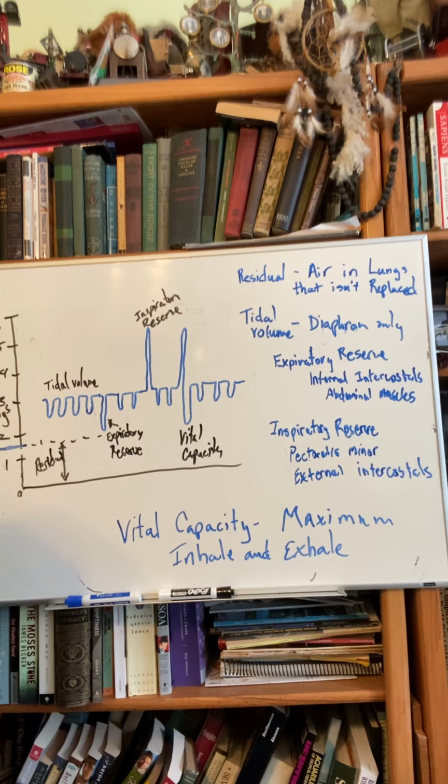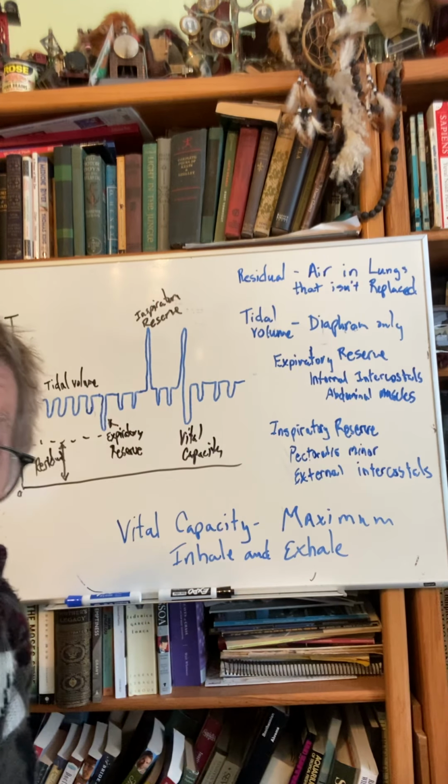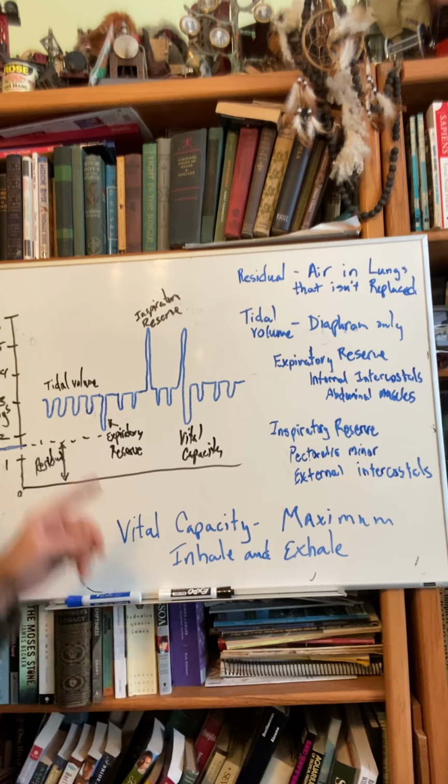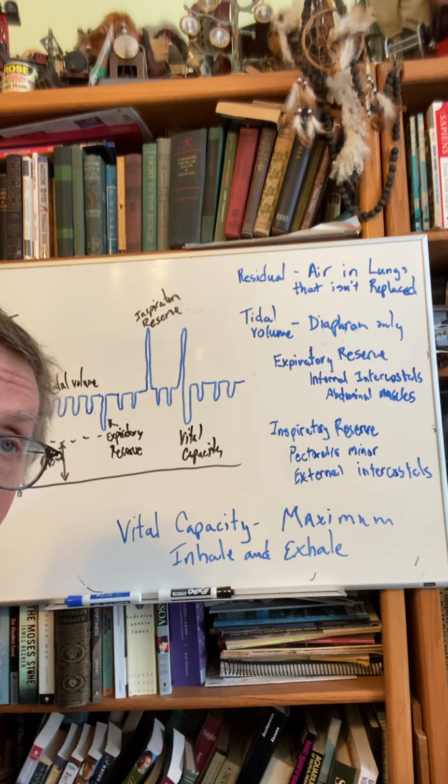Similarly, when you are breathing shallowly, at tidal volume, after inhaling you can continue to inhale even more. You can inhale a number of liters of air more. In order to do this, we said you have to increase the volume of your thoracic cavity, and you do this by raising your thoracic cage.